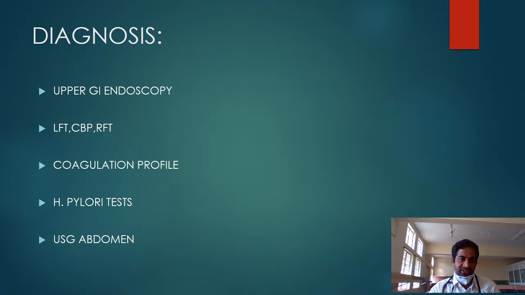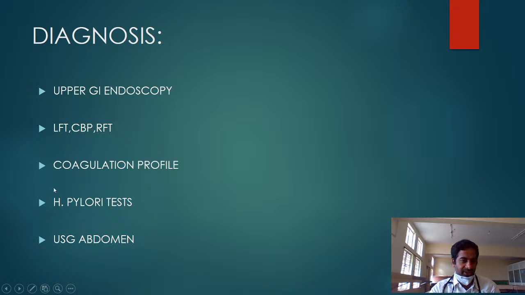Then you do LFT mainly to look for any alcoholic liver disease picture or alcoholic hepatitis, or if the patient has any other disorders. CBC to look at hematocrit, thrombocytopenia, or anemia. If there is renal insufficiency, you do RFT. Then you do a coagulation profile to look for any factor deficiencies.